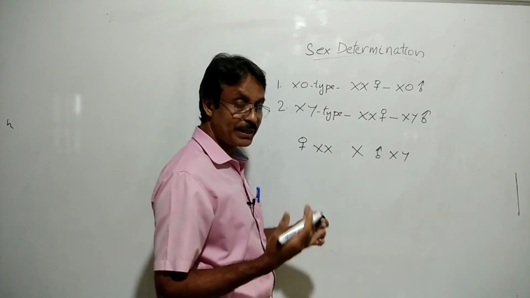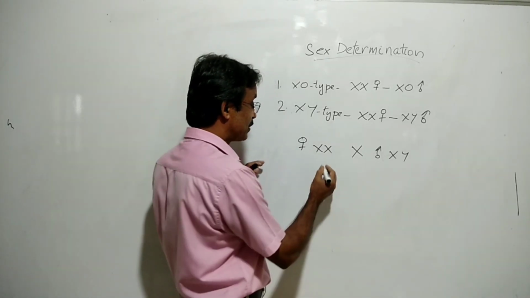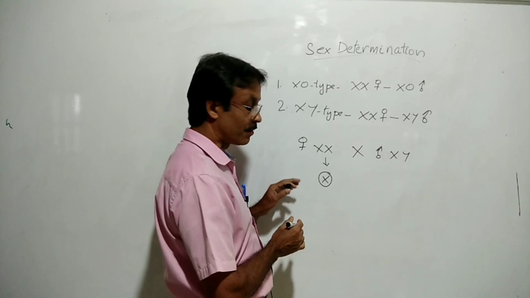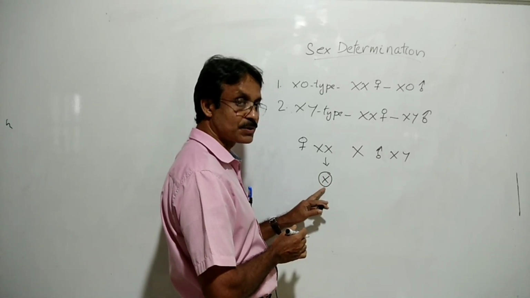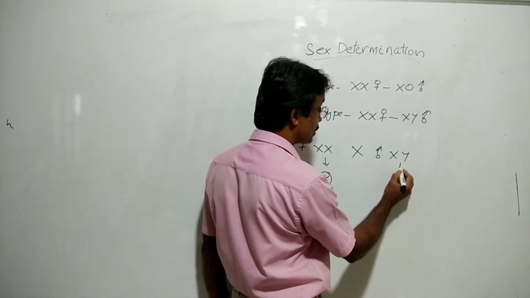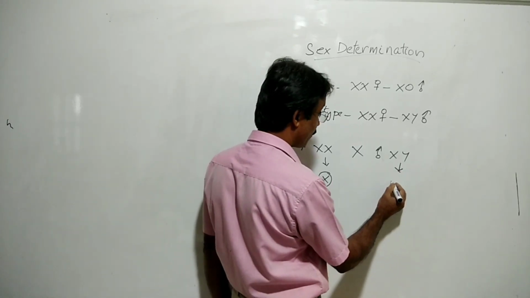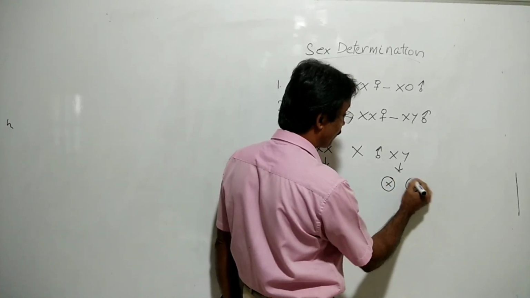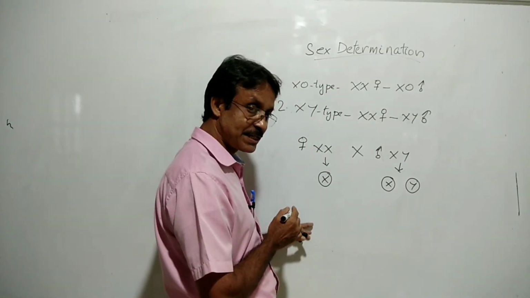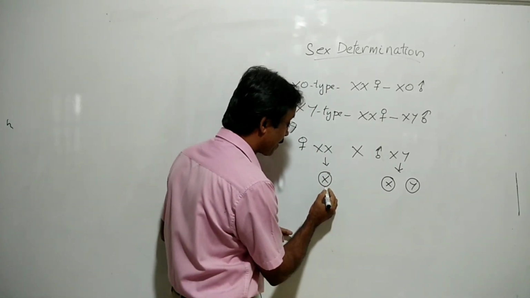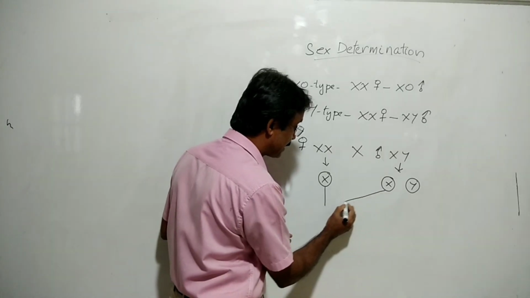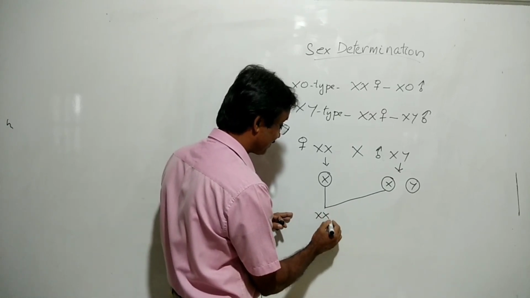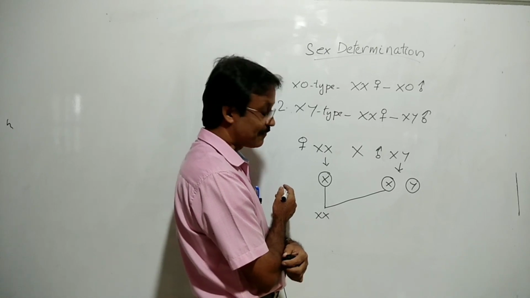So during egg formation, the female produces only one type of ovum or egg containing the X chromosome. But the male can produce two types of sperms, one with the X chromosome and the other with the Y chromosome. Then during fertilization, when this ovum is fertilized with the sperm with the X chromosome, then it is a female.